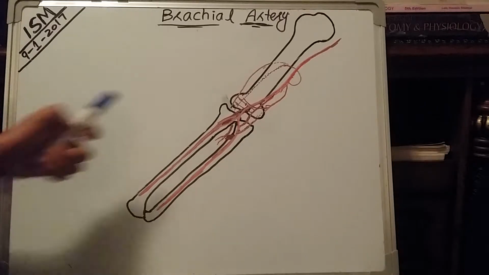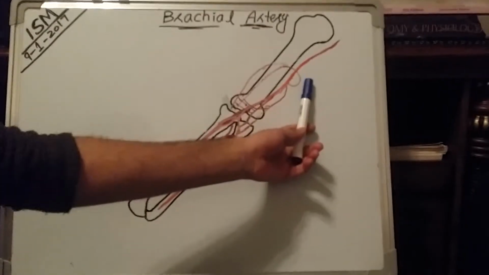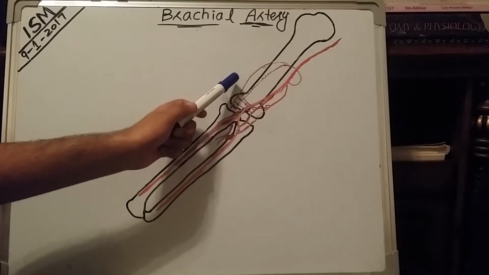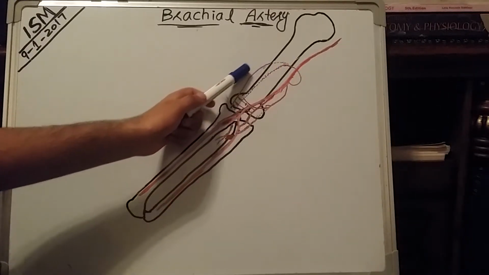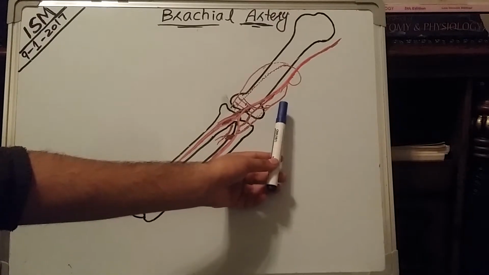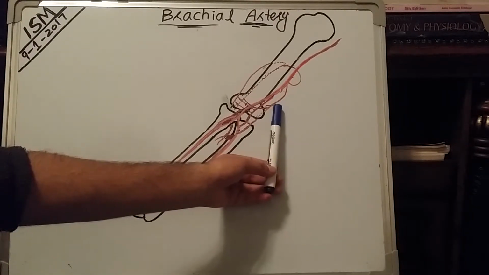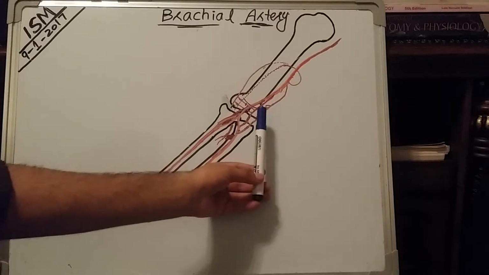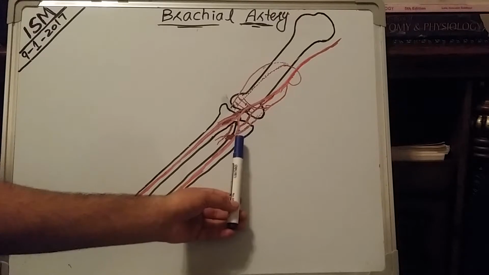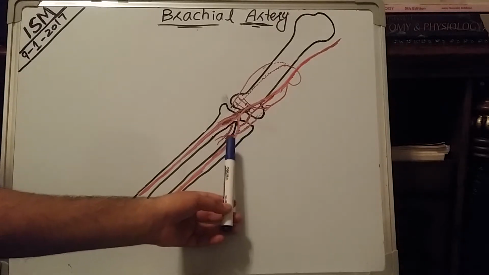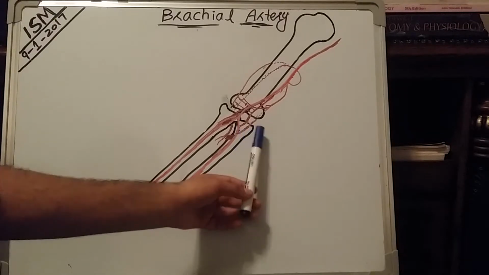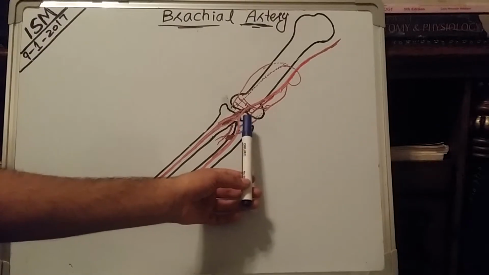So you have to remember that the brachial artery comes and gives the first branch, the medial collateral artery, and the second branch, the radial collateral artery, and from here two branches, the superior ulnar collateral artery and the inferior ulnar collateral artery, which form anastomosis with the arteries originating from the ulna: the posterior ulnar recurrent artery and the anterior ulnar recurrent artery.